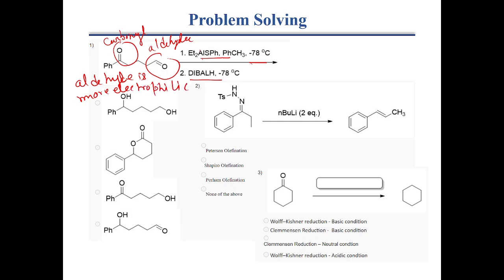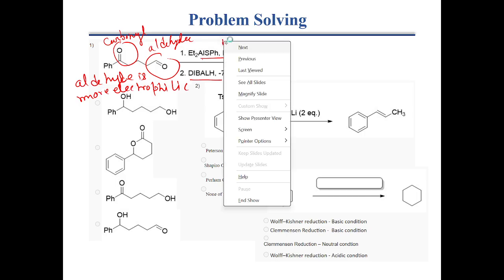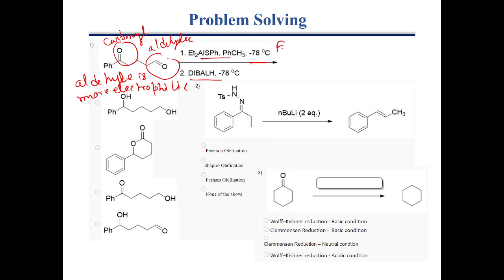So now what happened, as diethyl aluminum sulfide is a Lewis acid. So the aluminum center is Lewis acidic.